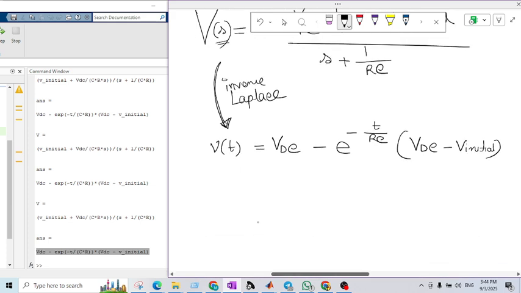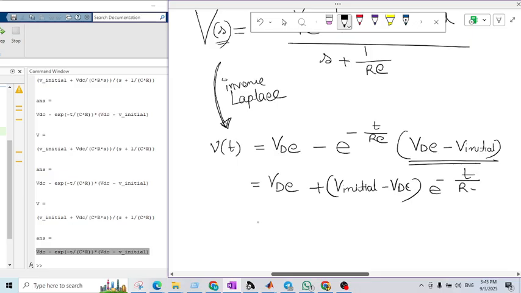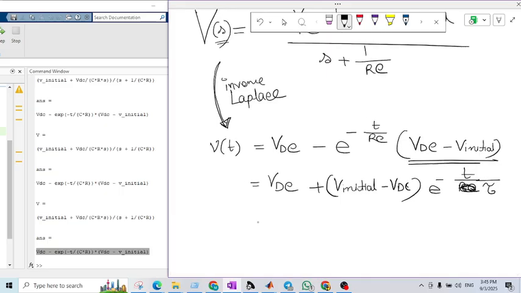Okay, so now let's rearrange this equation. If I take a minus common here, we will get (V initial minus VDC), and then e to the power minus t by RC. This RC can be written as tau, the time constant tau, right?